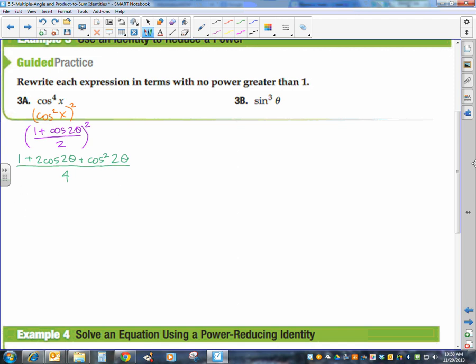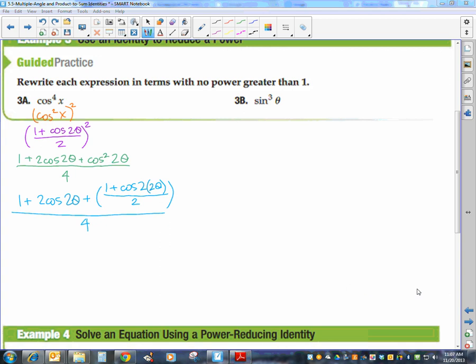So I'm going to write on top, I'm going to have 1 plus 2 cosine of 2 theta plus, my cosine squared, that is 1 plus the cosine of 2 theta, and my theta this time is 2 theta over 2, and we write that all over 4. Now we have to simplify that.